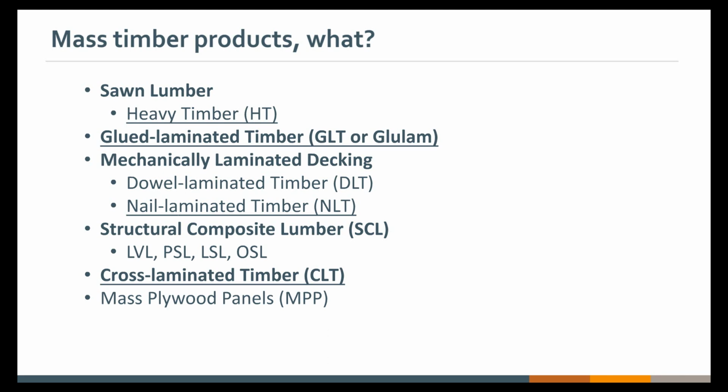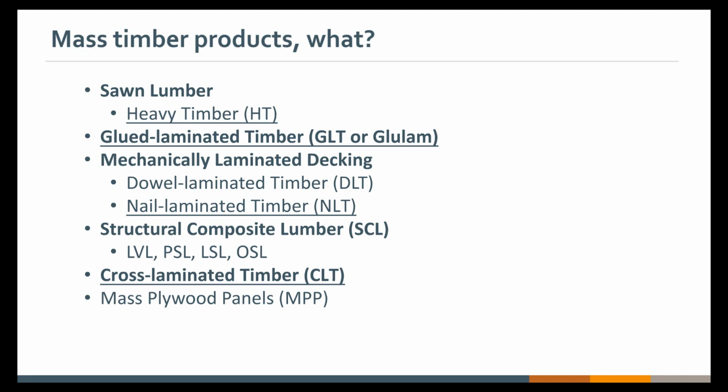And so, for example, dowel-laminated timber is not prescribed in the code. So if anybody was going to use this, you'd have to go through an alternate means and methods. There is one company that provides this, and I believe they have an ICC report, but certainly it's not prescribed in the code. And then we have structural composite lumber, LVLs, PSLs, but that's not really one of the major wood products that is used in mass timber.